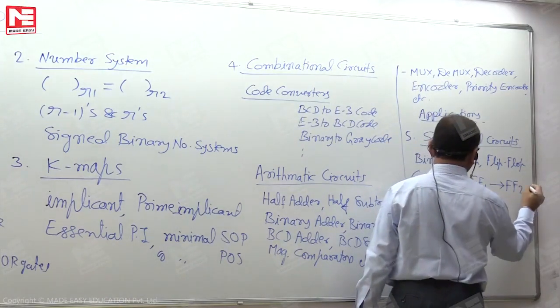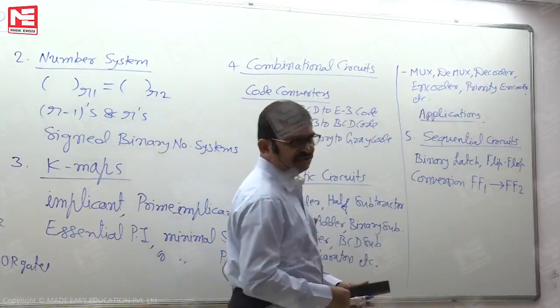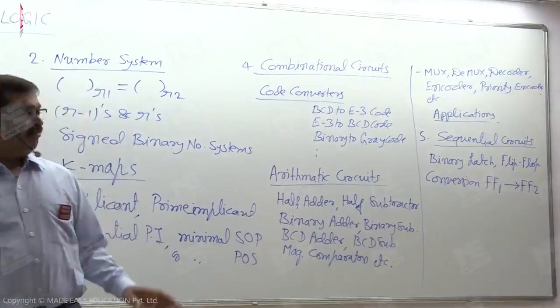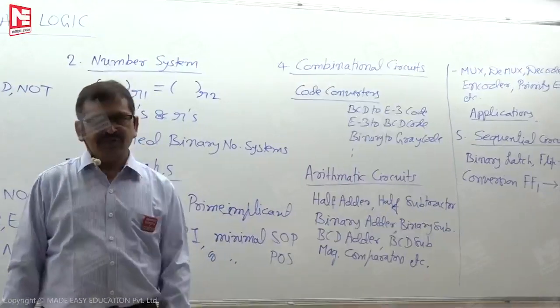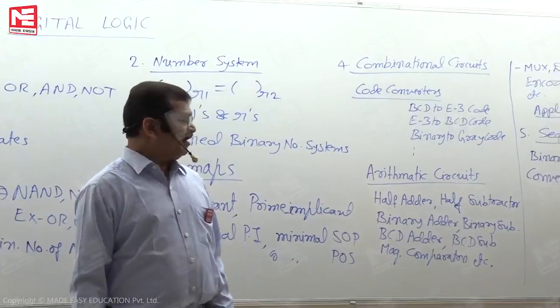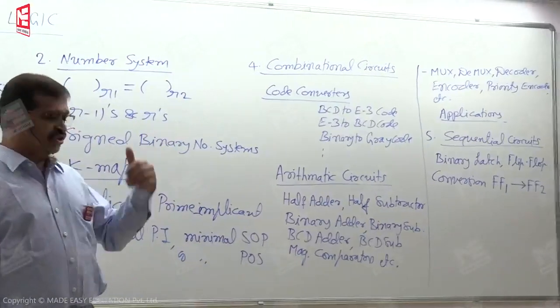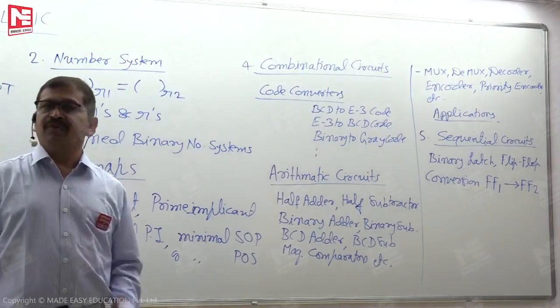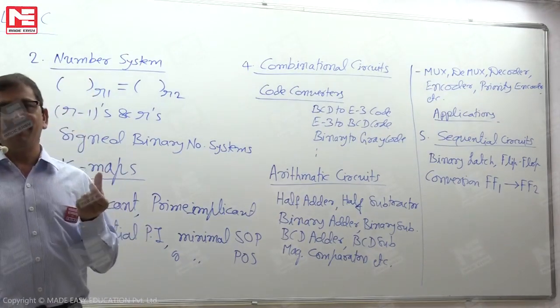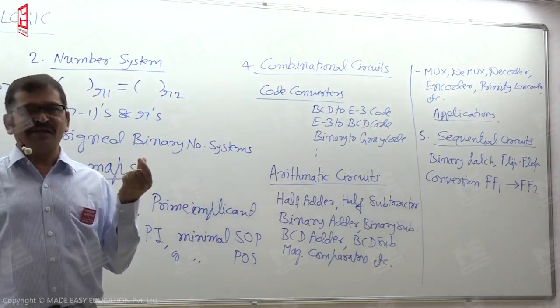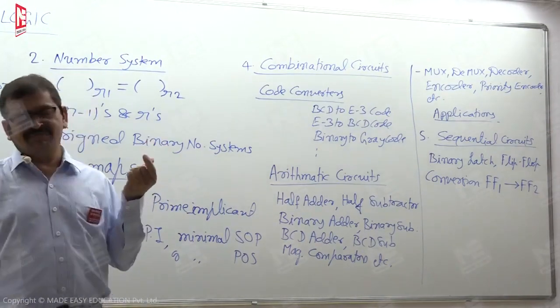The basic part of sequential circuits is the binary latch and these flip-flops. So we need to start the sequential circuit topic with these basics, in particular flip-flops. While learning the flip-flops, we'll be looking at the logic diagram, the truth table, excitation table, and characteristic equation of the flip-flop.